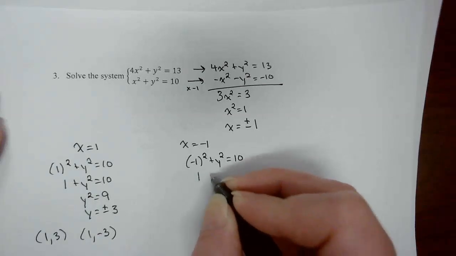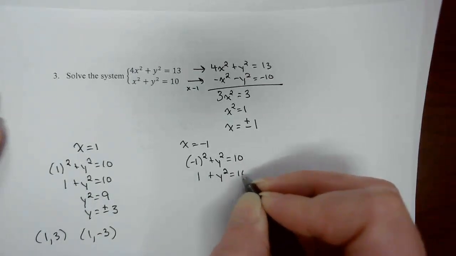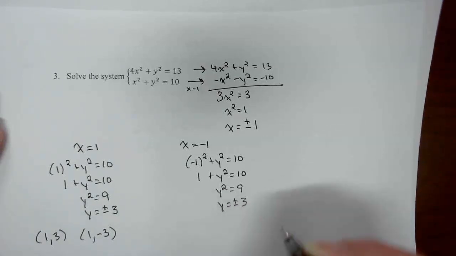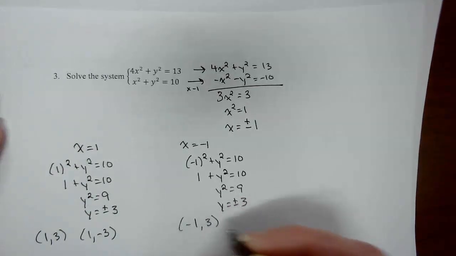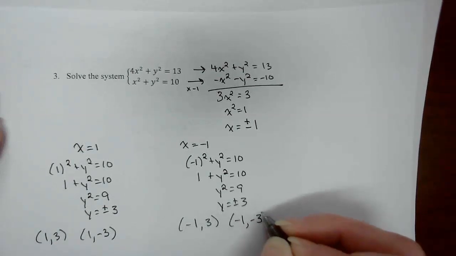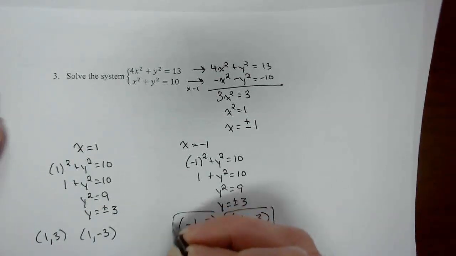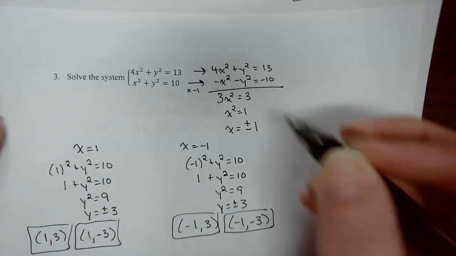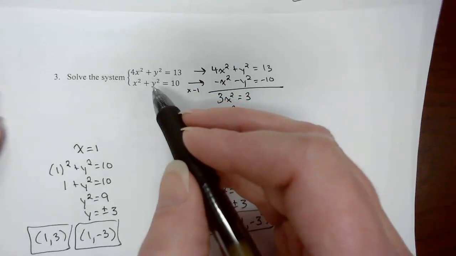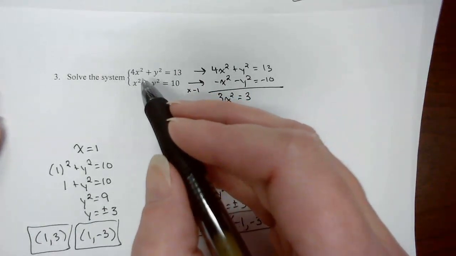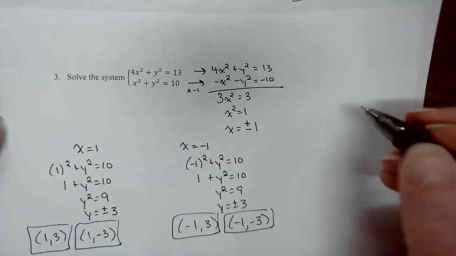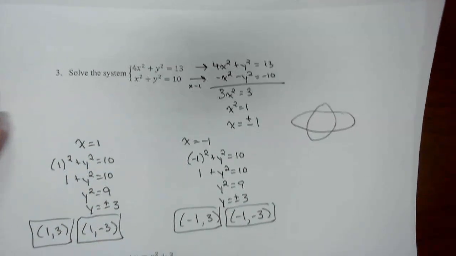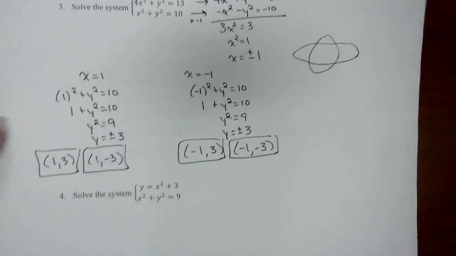Well, negative 1 squared is also 1. I get 2 more points. So this is interesting. We get 4 points of intersection. So let's look back at what we had. We have a circle, and this actually would be kind of an oval if you looked at it on the graph. So if I have a circle and an oval, yes, we could get 4 points of intersection.